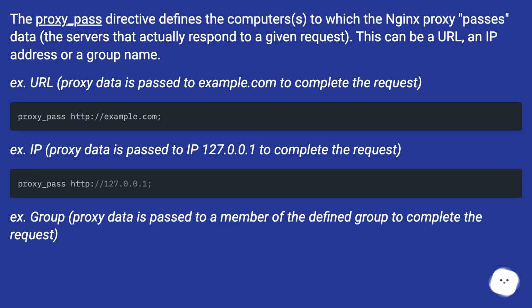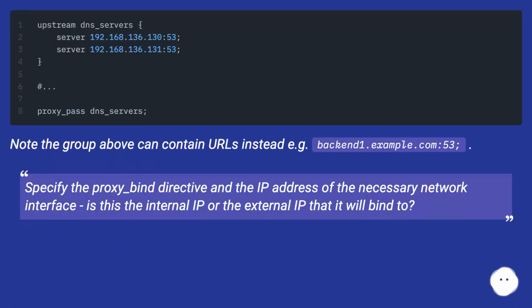X IP: proxy data is passed to IP 127.0.0.1 to complete the request. X group: proxy data is passed to a member of the defined group to complete the request. Note the group above can contain URLs instead, e.g. backend1.example.com:53. Specify the proxy_bind directive and the IP address of the necessary network interface.